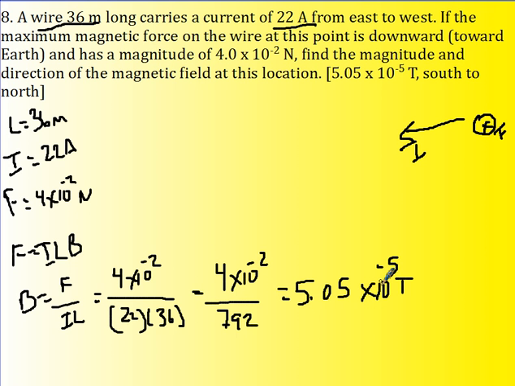Maximum force is downward, so the force, your palm, is downward. Find the magnetic field. I see that my fingers are pointing north, so that's B. So that's definitely from south to north. So I is your thumb, F is your palm, and B are your fingers.